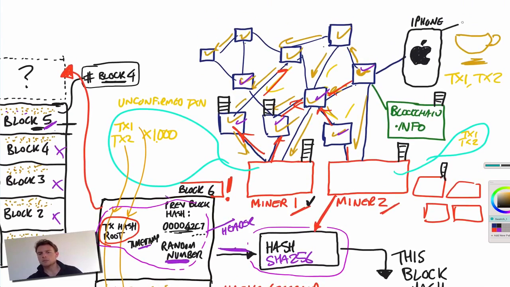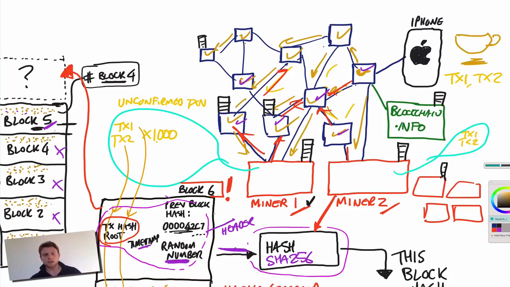Actually, that depends on what software I'm running. Let's leave that one out, because some Bitcoin wallets don't actually keep an entire record of the blockchain. But let's say all the nodes in the network that are responsible for propagating transactions around all have their own copy of the blockchain, right?